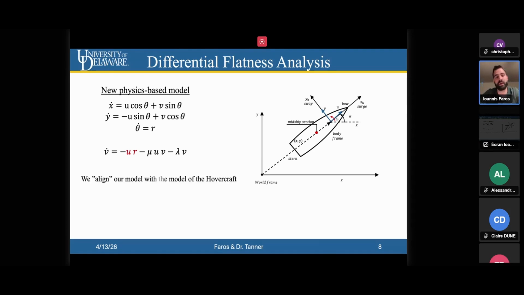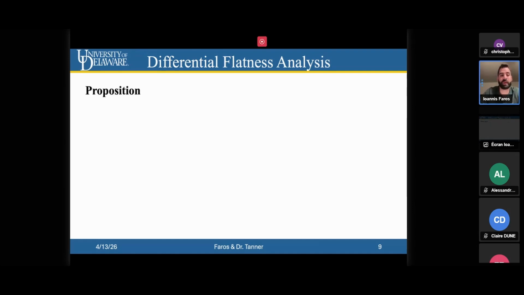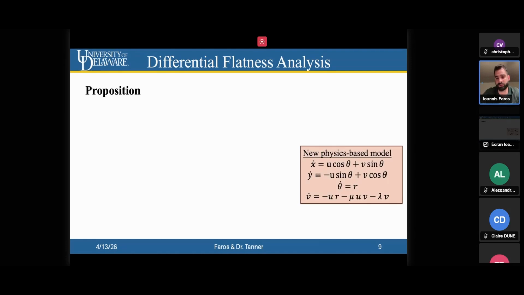So essentially, we align our model with the model of the hovercraft, and we can derive the differential flatness property, but the derivation is different because now we also have this term here. Given this model, we have the following proposition.